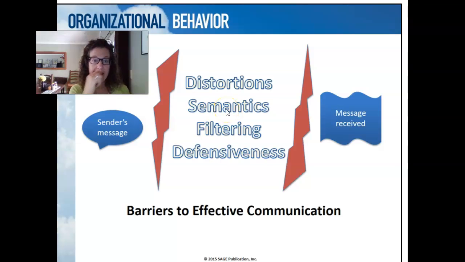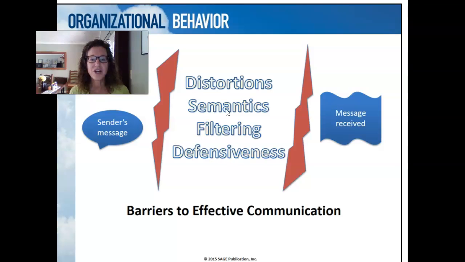Semantics could also act as a barrier to communication. For example, if we use jargon or acronyms or professional language that the receiver is not familiar with, then he or she will have a challenge in deciphering or decoding the message to correctly understand it.